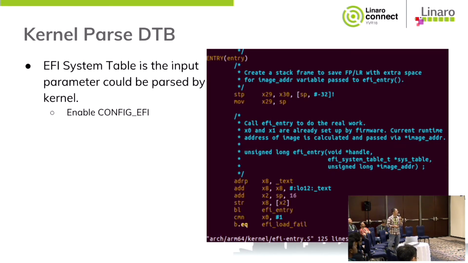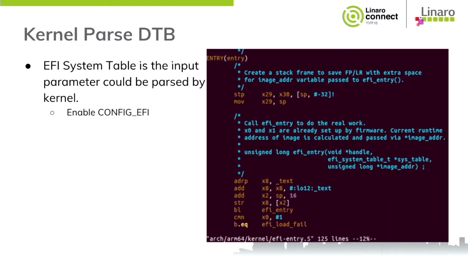This is the code in the kernel. When we enable CONFIG_EFI, this entry is the first entry of the kernel. We can find the parameter of the system table that is specified by the UEFI.